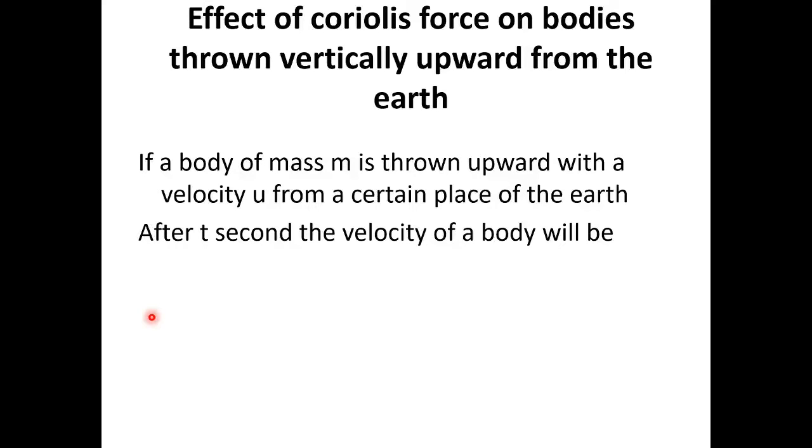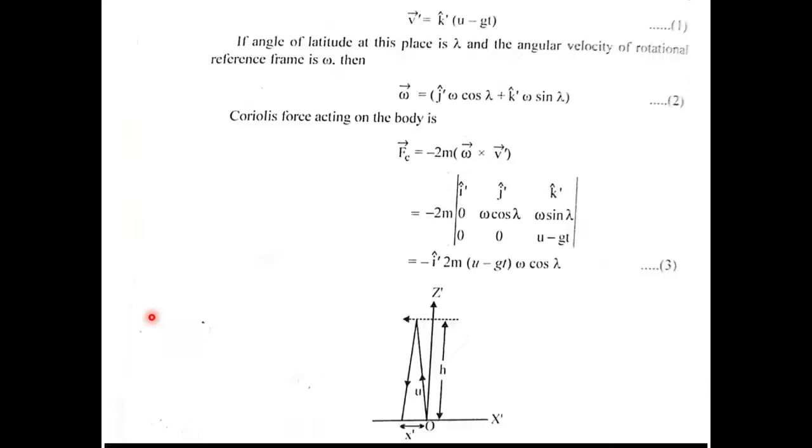If a body of mass m is thrown vertically upward with a velocity u from a certain place on the Earth, then after t seconds the velocity will be v' = k'(u - gt). If the angle of latitude is lambda, then omega = j' omega cos lambda + k' omega sin lambda.